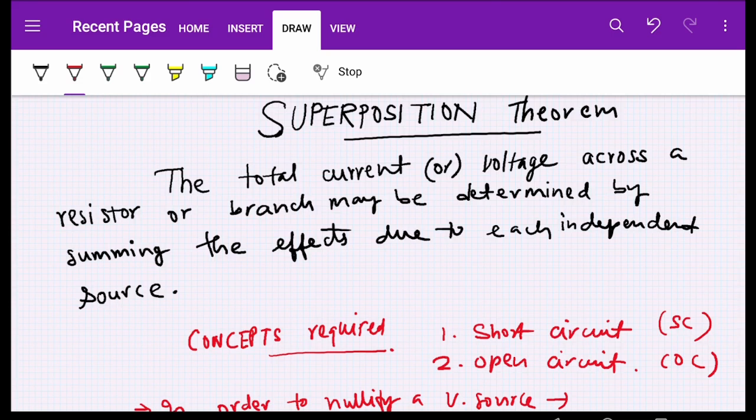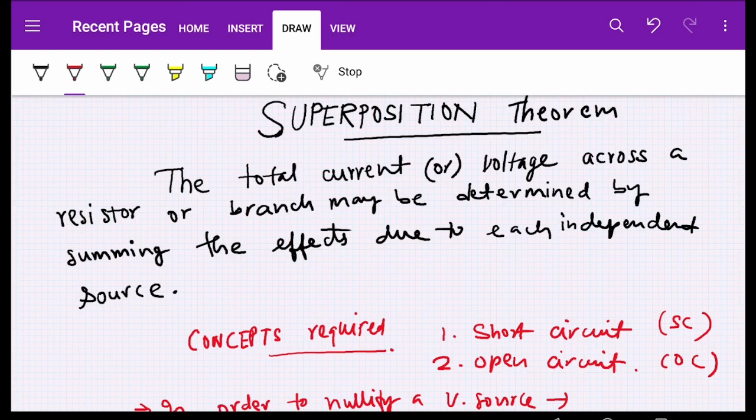The statement for the superposition theorem is that the total current or voltage across a resistor or branch may be determined by summing the effects due to its independent sources. If we have multiple sources, it may be a voltage source or current source in our circuit.